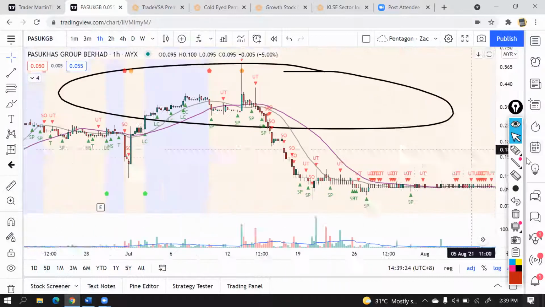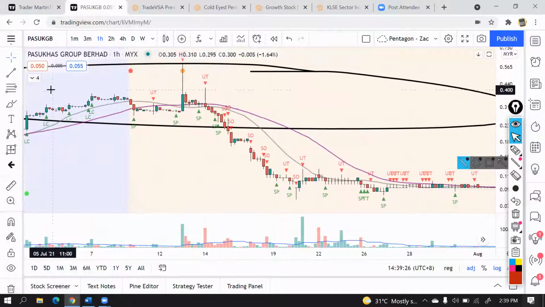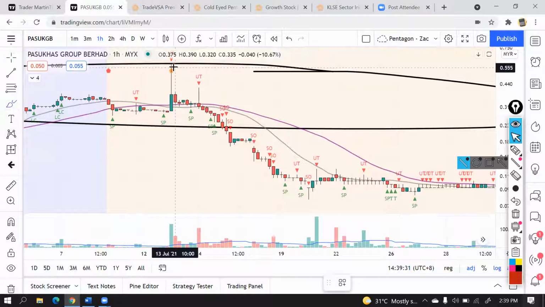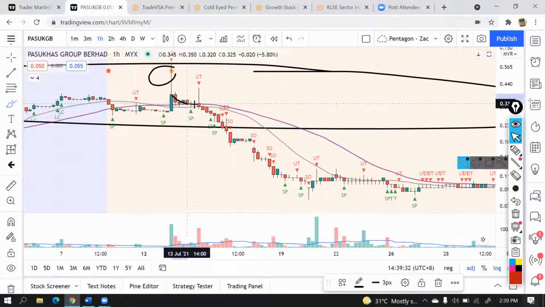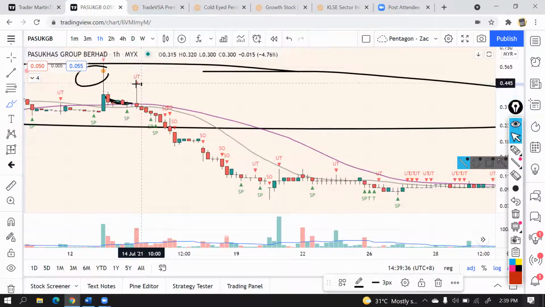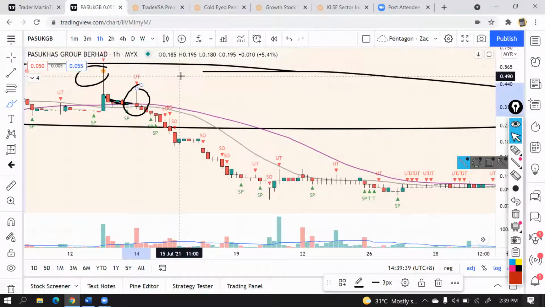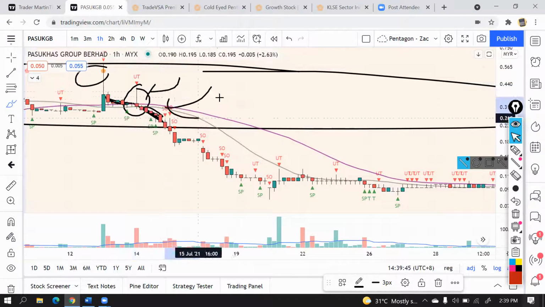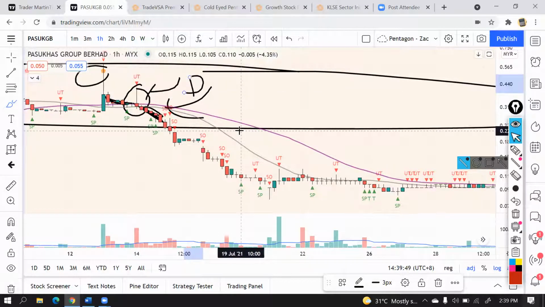So after a big distribution like this, price sometimes will hold for a few more days or bars, depending on what time frame you're using, but you don't want to see this happen: another UT below 2040s. This is telling you that another round of distribution is coming in, not reaccumulation anymore.